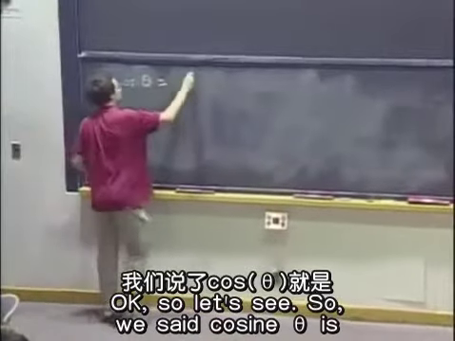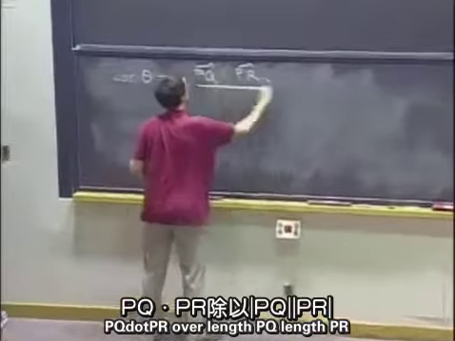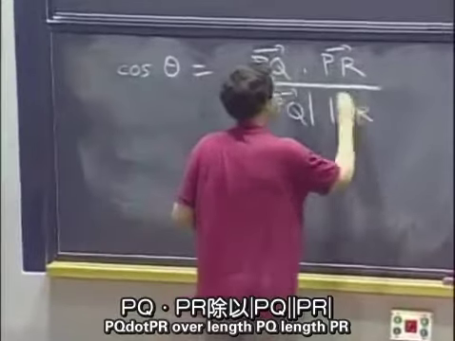So we said cosine theta is PQ dot PR over length PQ, length PR.